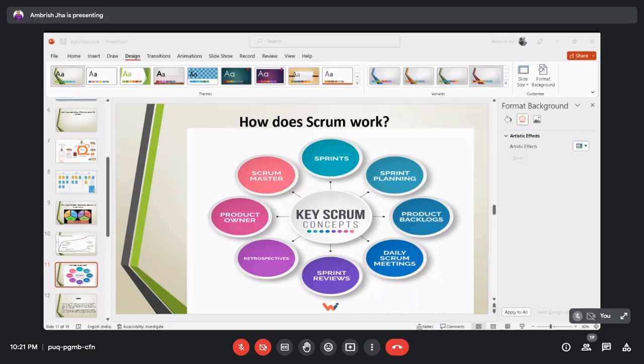So it basically makes sense when you are thinking, okay, I am doing a lot of work and the other person is not doing anything. You can see that, okay, he is also in the sprint planning. He is also allocated some of the tasks, and this makes a good team working environment.